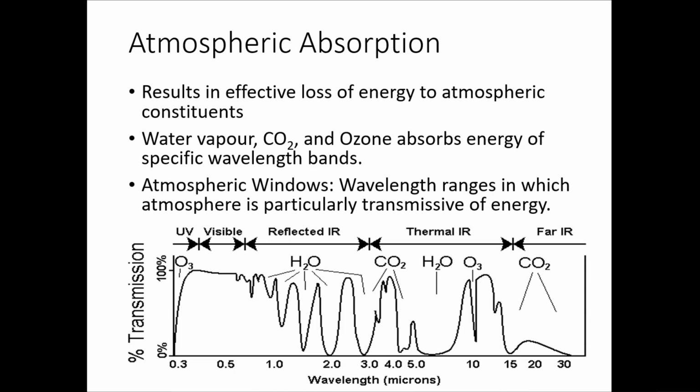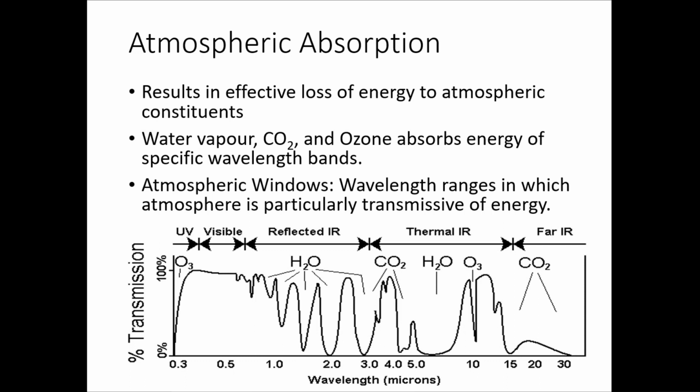The shortest wavelengths are UV here, and they are completely absorbed by O3. You can see here. Can you see that? For the UV wavelengths, the transmission rate only reaches 100% towards the longer wavelengths in the visible spectrum. Until then, your absorption is very high due to the presence of ozone in the atmosphere. Can you see that?